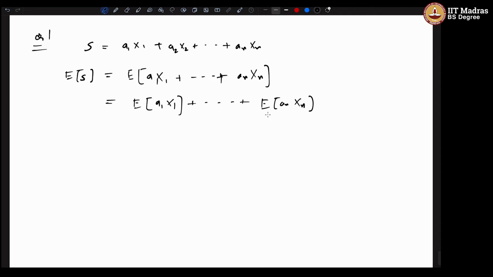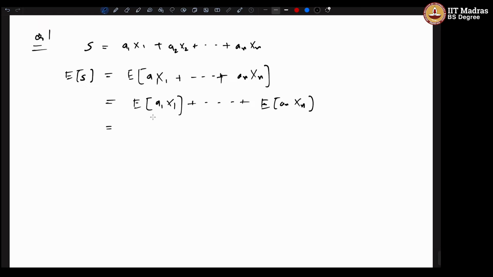Here we don't need x1 to xn to be independent, because no matter whether x1 to xn are independent or dependent, we can write them in this form.